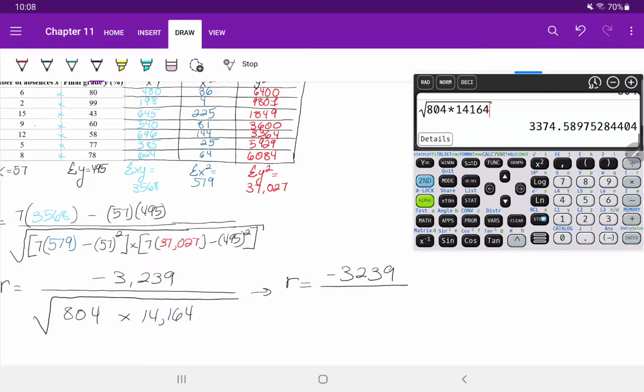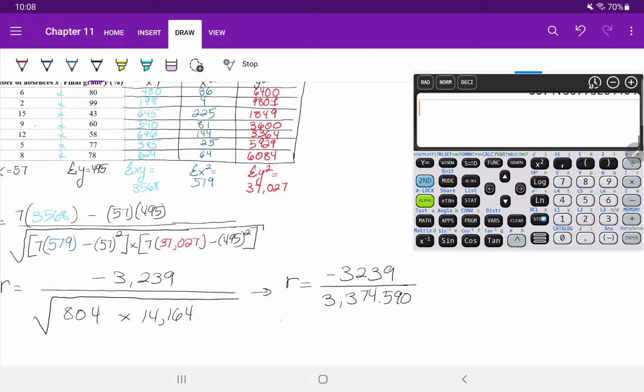And let's take 3 numbers after the decimal. So that's going to be 3,374.590 if I round. Because I have 0.589, that 7 will make the 89 round up to a 90.